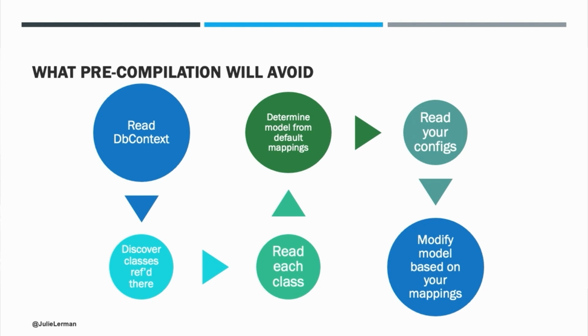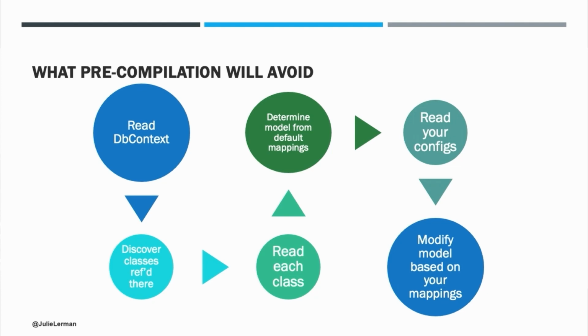So that it looks at all of those and it figures out what the model ought to be based on convention, right? It hasn't looked at your special configurations yet, mappings or data annotations. So it says, okay, that's where we're starting.